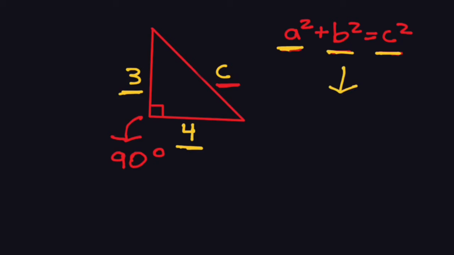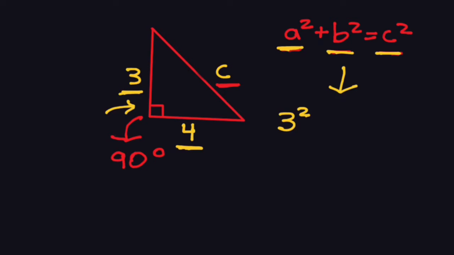And the way we're going to find c, our missing side, using the Pythagorean theorem, is we're going to plug in each of our sides and they're going to become one of our variables. So a could become this side right here measuring 3. So now we have 3 squared in our equation instead of a squared. b could become 4, the side measuring 4.